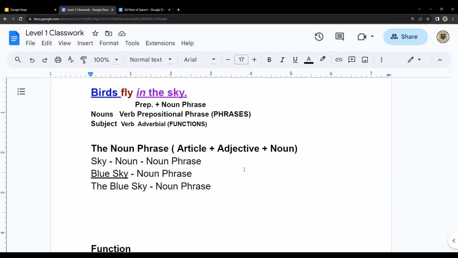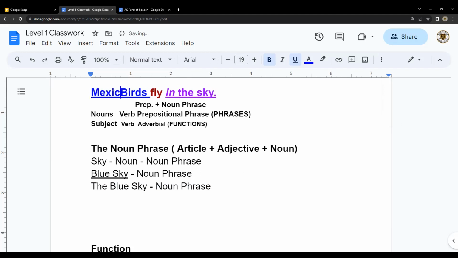¿Cuáles son más ejemplos de noun phrase? Todos los nouns son noun phrases, todos. Este de aquí, birds, dices, bueno, nada más es una palabra. Sí, pero como quiera va a entrar como noun phrase. Aquí podemos poner igual.